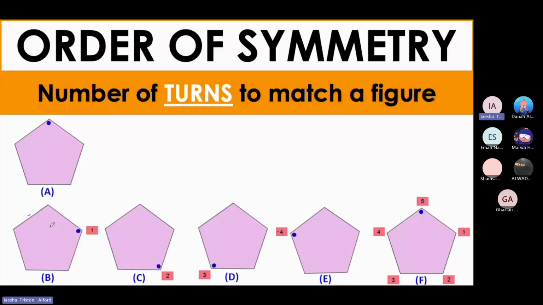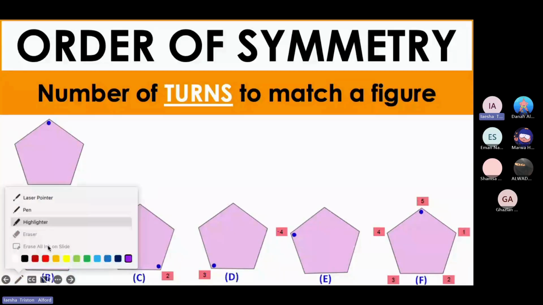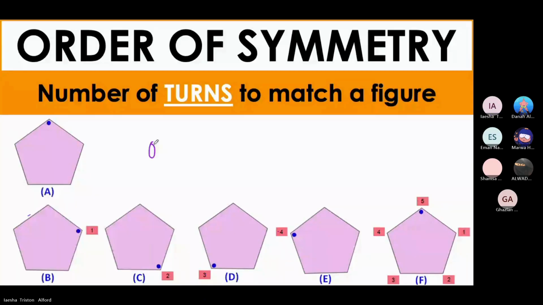So the order for the pentagon that you see is going to be 5, because I can turn it 5 times and make the same exact picture. From B to C to D to E to F, you cannot see anything different.